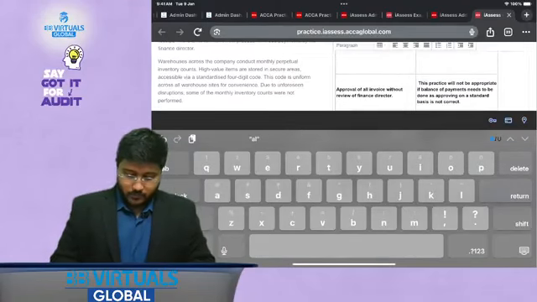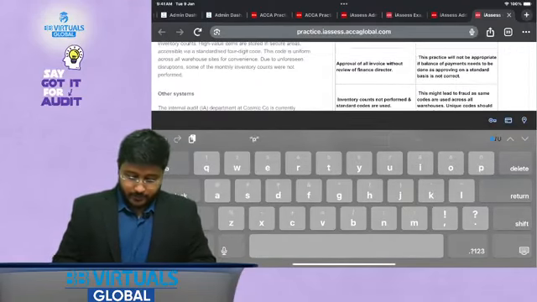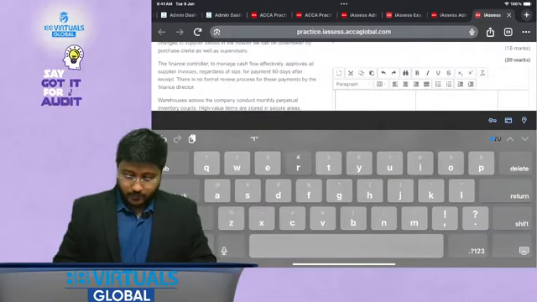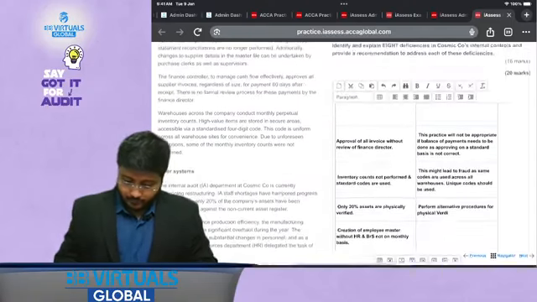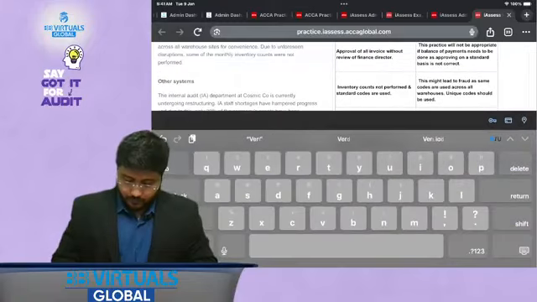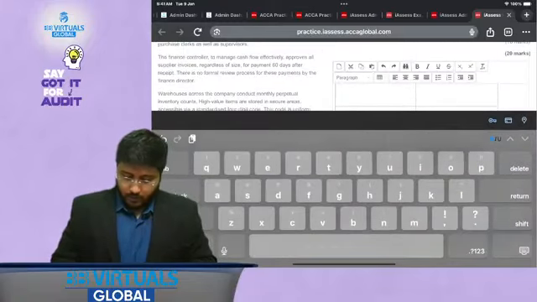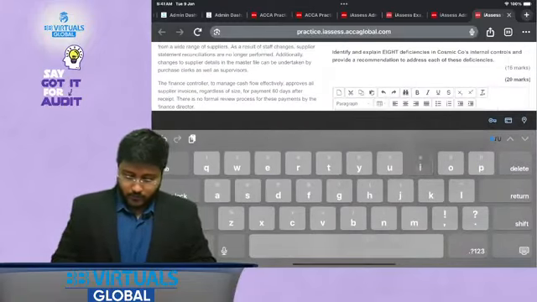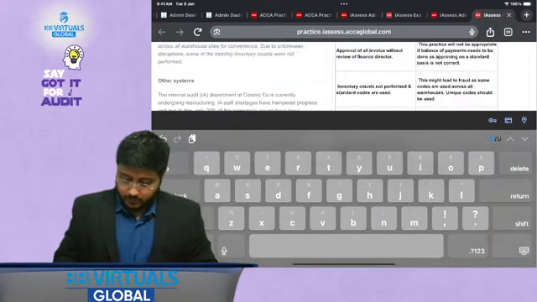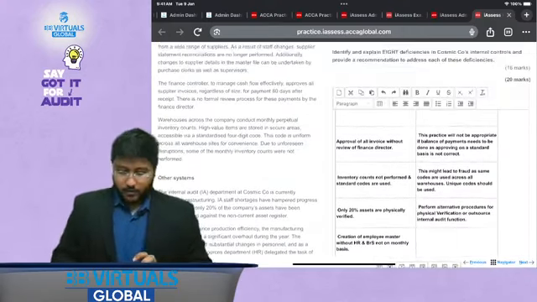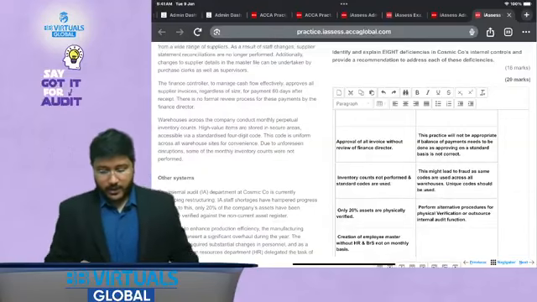Perform alternative procedures for physical verification or outsource internal audit function. Okay, now creation of employee master without HR and BRS.